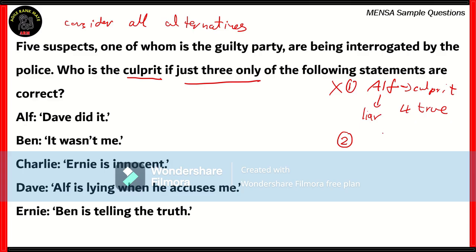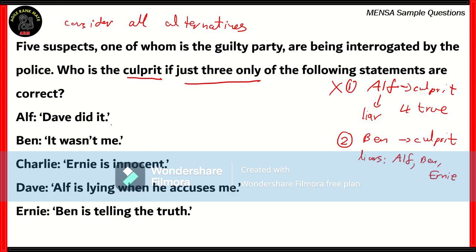Now, what about the second case? Let's consider Ben. If Ben is a culprit, then let's look at the statements which are wrong. Now, the liars in this scenario will be Alf, Ben, and Ernie. Now, why is that?